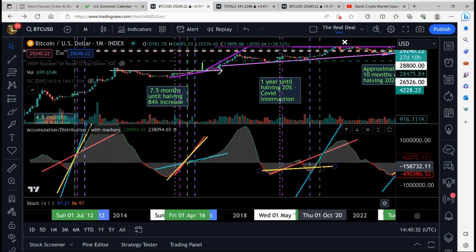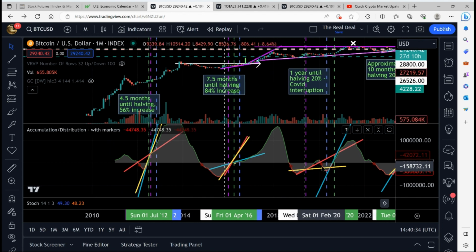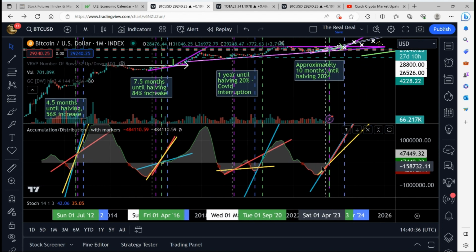I'll zoom back out. When you zoom out, it's easier to see the slopes of these lines. You can see here that these are not nearly as steep as previous ones. And the green line was.